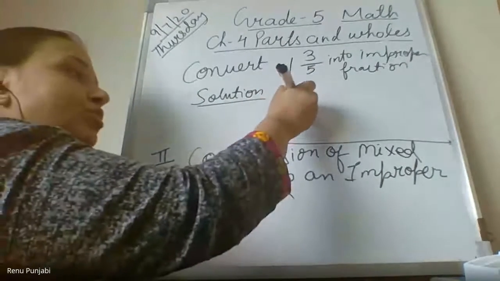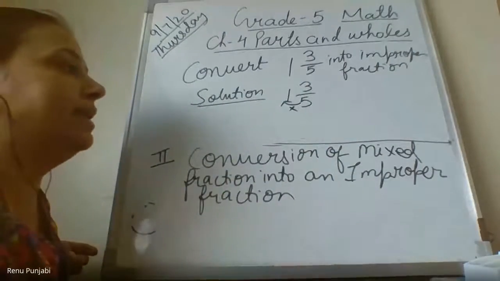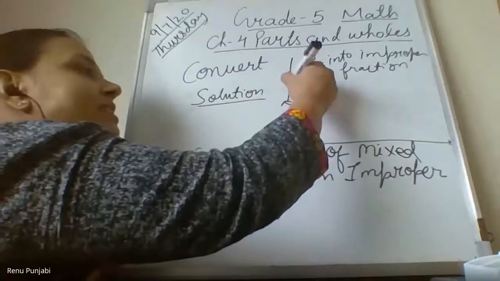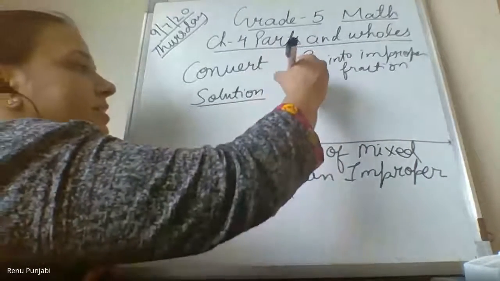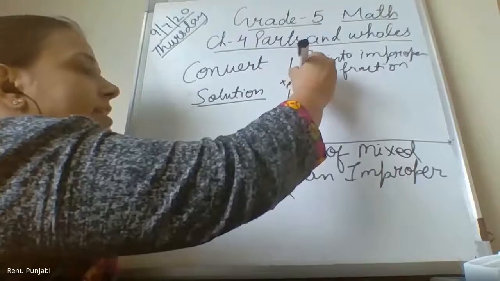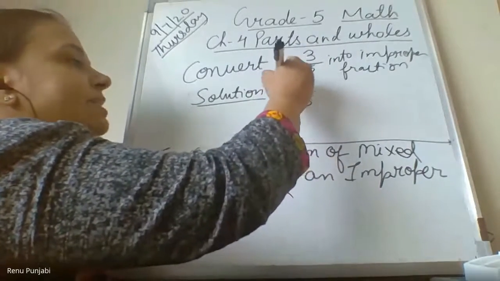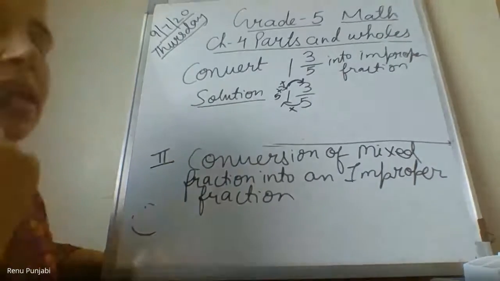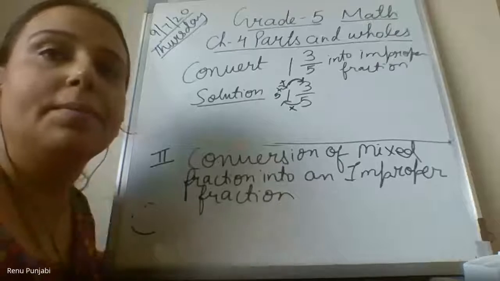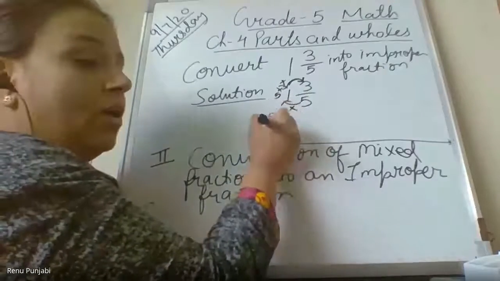First you need to multiply, so I put an arrow and multiply. 5 into 1 is 5, and then whatever answer you get, you add it. So 5 into 1 is 5, and 5 plus 3 is 8. So it will be 8 upon 5.